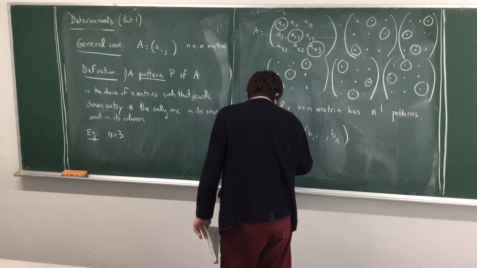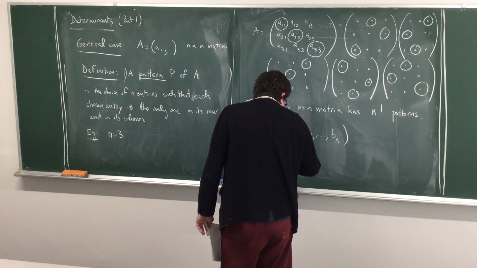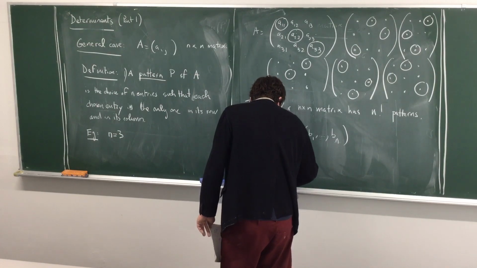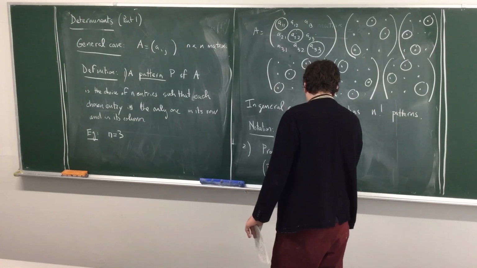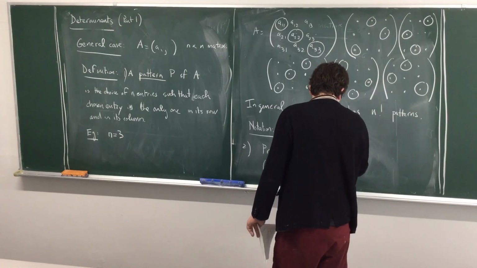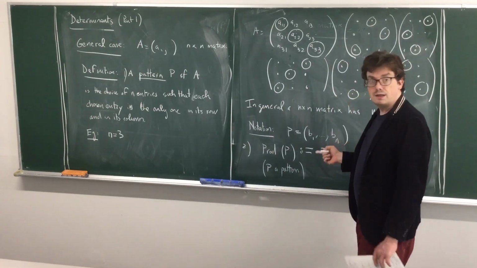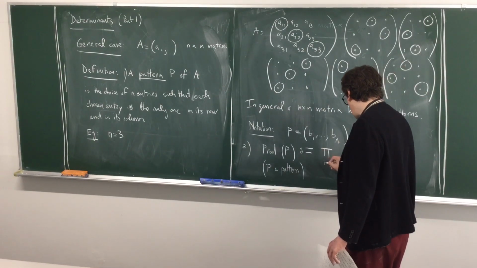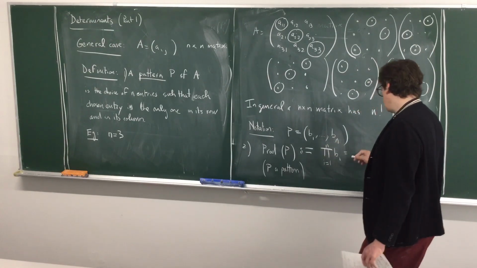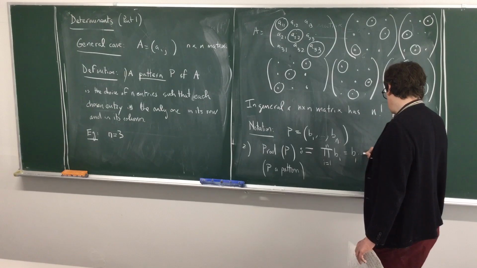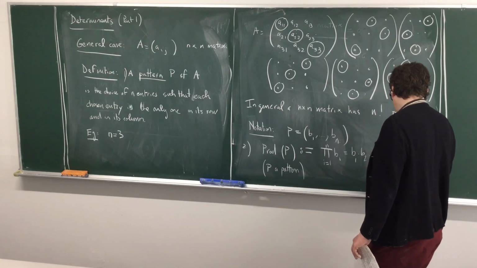The product of a pattern P will be the product of the entries in my pattern P. So the product for i equal 1 to n of the Bi, that amounts to just B1 times B2 times ... times Bn.